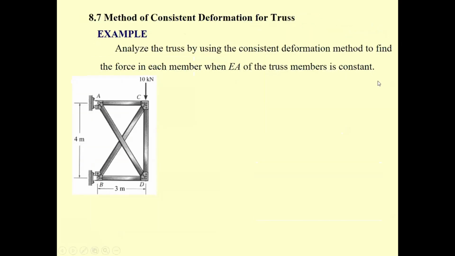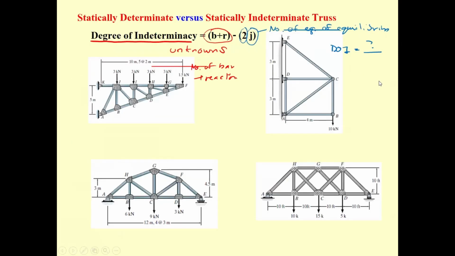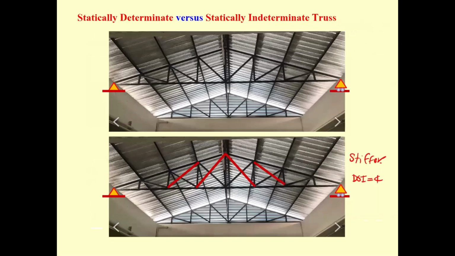Okay, and now, oh, I forgot to tell you one thing. The indeterminacy of the truss can be classified into two types. One, we call it internal indeterminacy, caused by adding members.